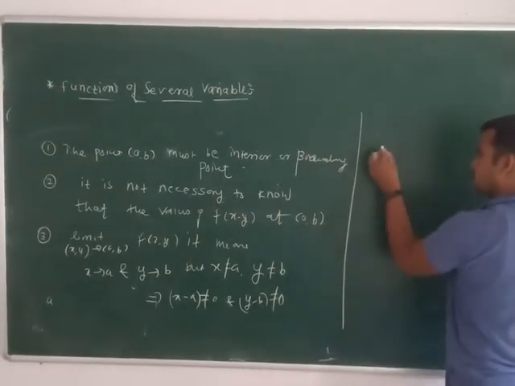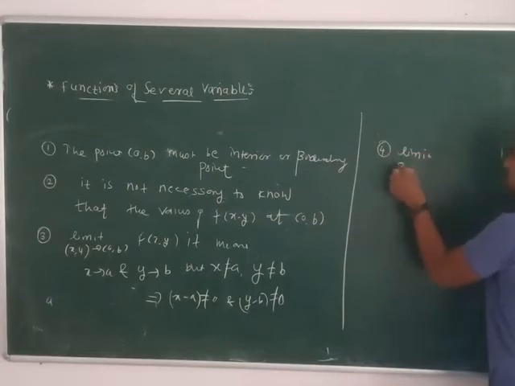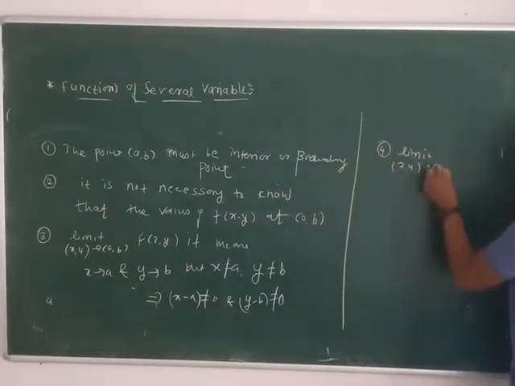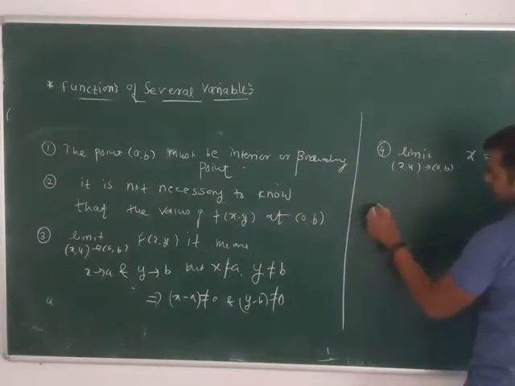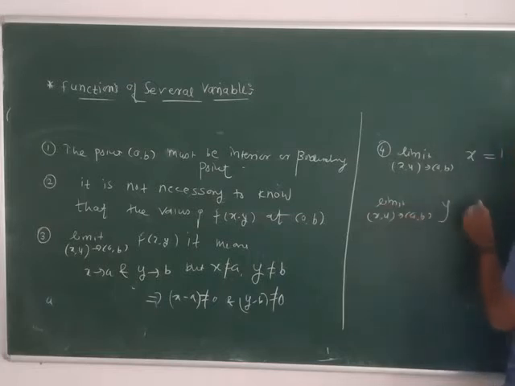For example, consider the limit as (x, y) tends to (a, b) of the function x, which is equal to what? The limit as (x, y) tends to (a, b) of the function y is equal to what?